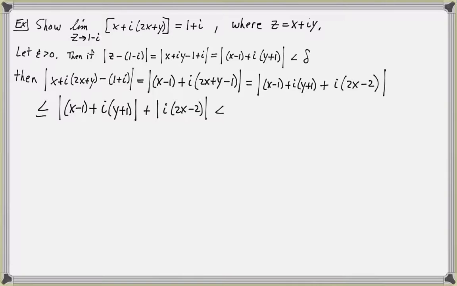So this quantity will be less than delta, and the absolute value of i is 1, and I can pull out a factor of 2 from this expression. So I get delta plus 2 times the absolute value of x minus 1.